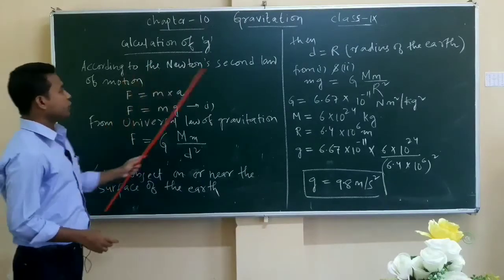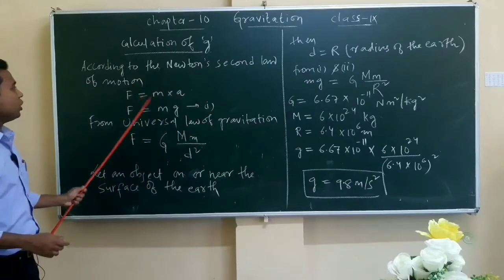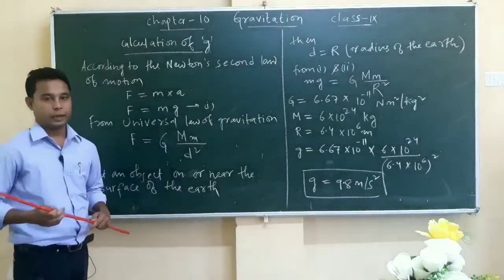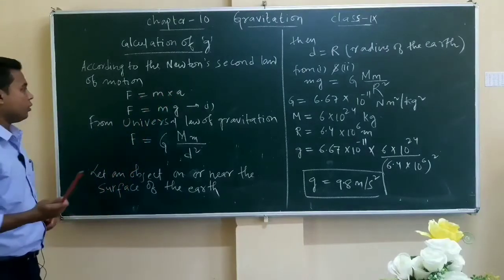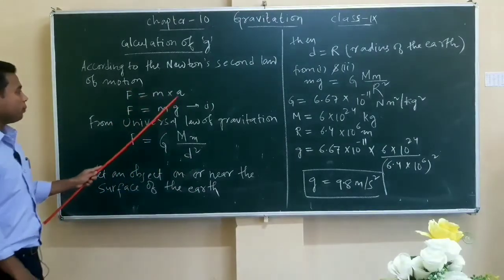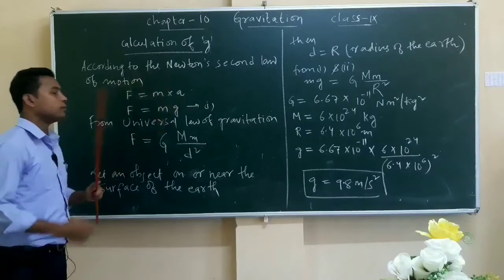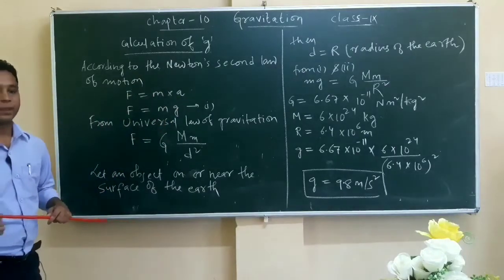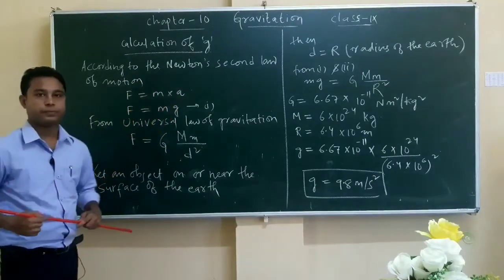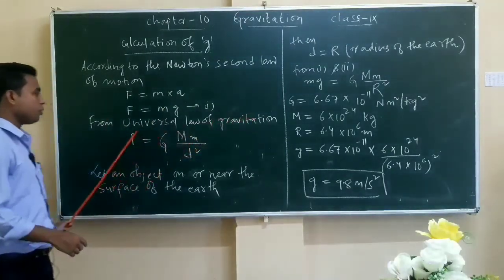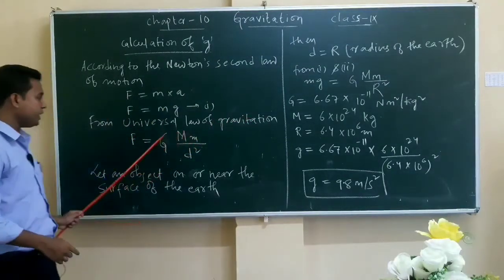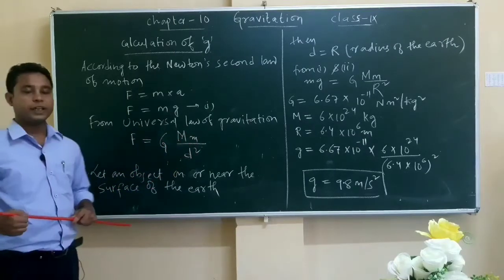Now according to Newton's second law of motion, F equal to m into a, where m is the mass of any object. So we replace a with g. So it becomes F equal to mg. Now from universal law of gravitation, the force is equal to G M m by d square.